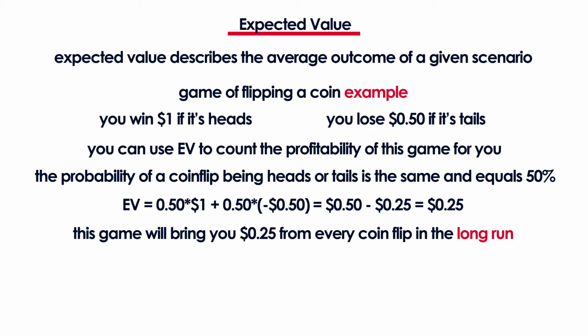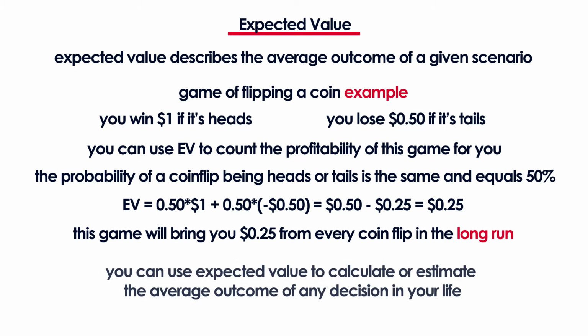In the same way, you can use EV to calculate the probability of any decision in your life. For example, whether to buy a new car or a used one, whether to buy a house or to rent one, whether to invest in company A or company B, and so on. Of course, you don't always know the exact probabilities as with flipping a coin, and most of the time you'll have to estimate them.